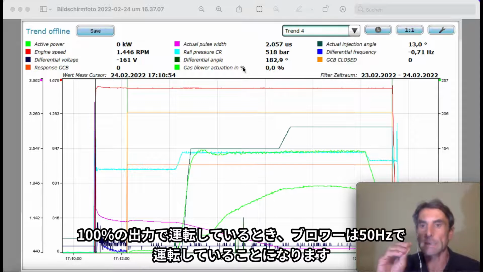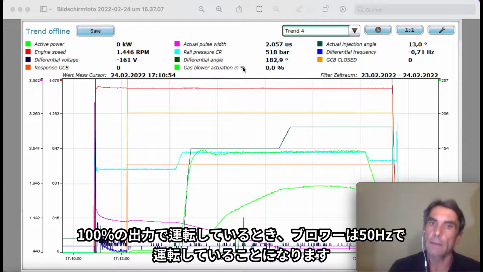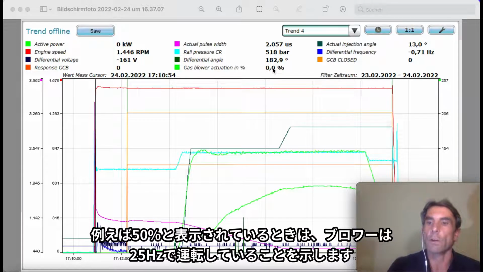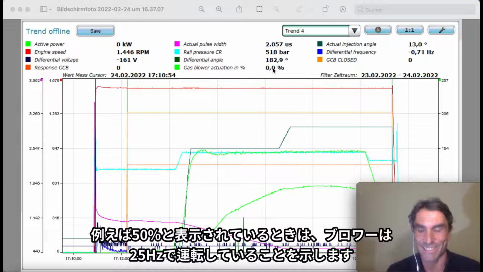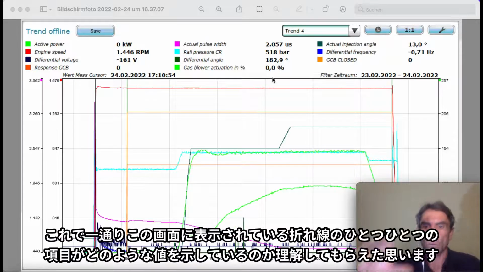So if the output signal is 100%, the gas blower will run at 50 Hertz. If the output signal is 50%, we operate the gas blower at 25 Hertz. Okay, so that's the overview of the trend values.